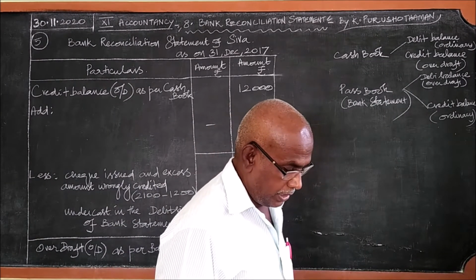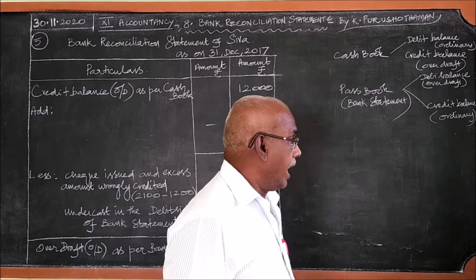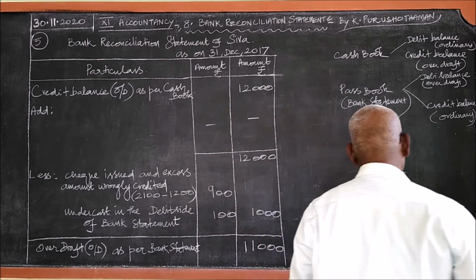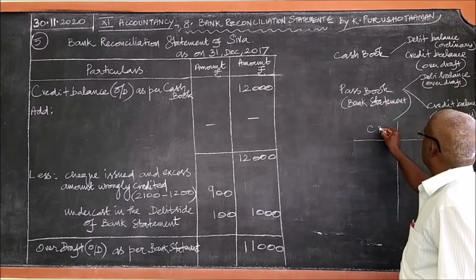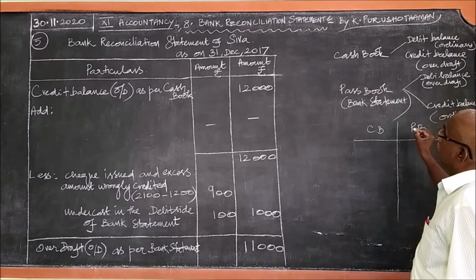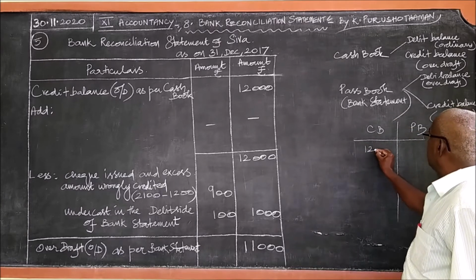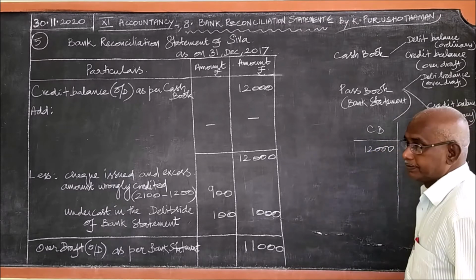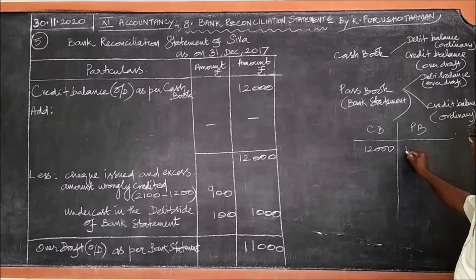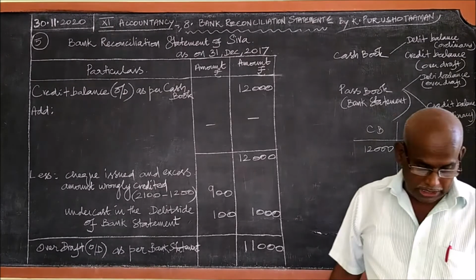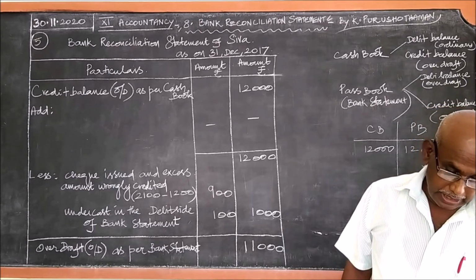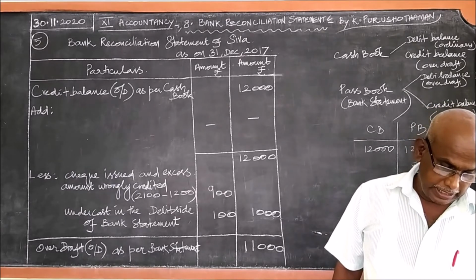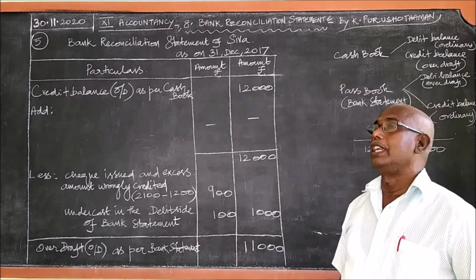The first item is a check for ₹1,200 issued and presented for payment. The balance is 12,000. The check was issued for 1,200 but wrongly credited in the cash book as 2,100.